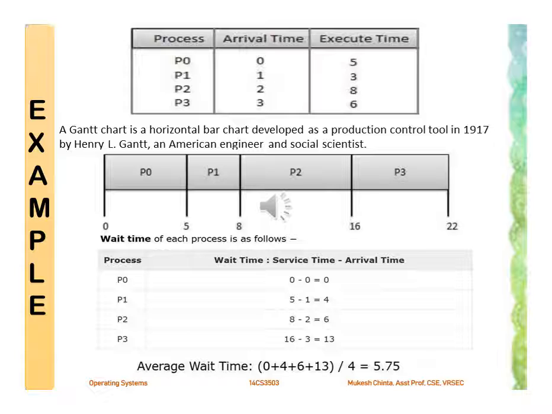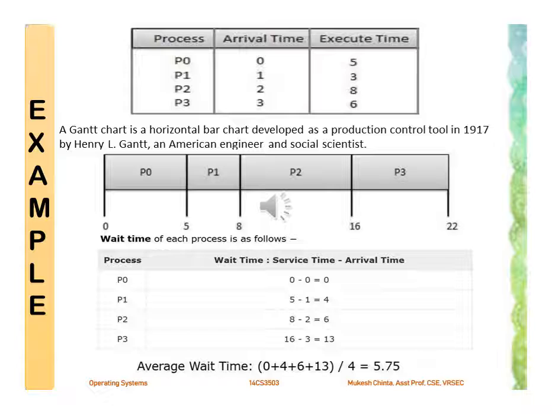So P0 goes for execution. At that time, 0 is considered. After that, the execution time is given as 5. So P0 takes 5 units of time for execution, from 0 to 5. After that, by first come first serve, P1 enters for execution whenever P0 completes.